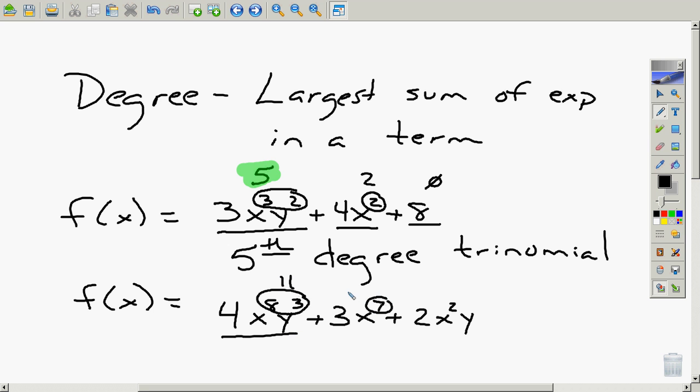This term has a degree of 7. This one, now you don't see anything here, but there's really a little 1 there. So this term has a degree of 3. You look at the biggest one, this has a degree of 11. Okay, so degree is the biggest sum of exponents of any term.